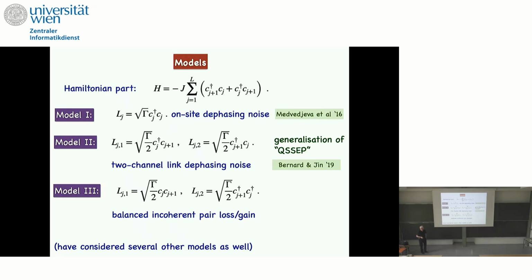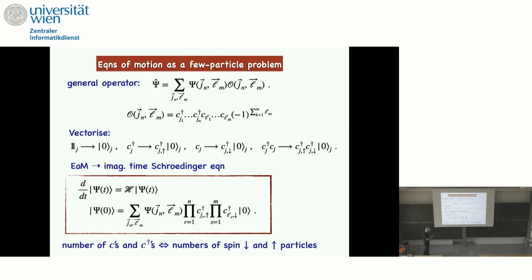There I look at particle loss and particle gain, balanced because I take the rates to be the same. We have considered many others, and a lot of what I'm going to tell you you can do for other models; the details look a little bit different, but the strategy is the same.